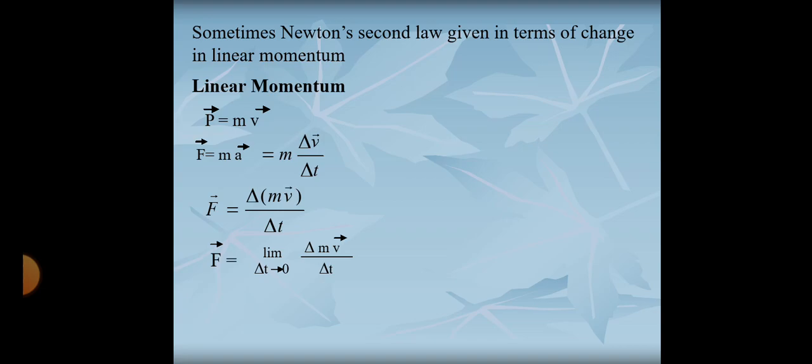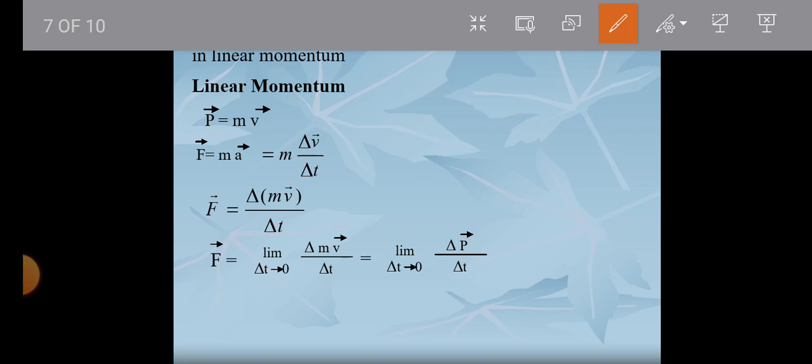Sometimes Newton's second law is given in terms of change in linear momentum. So what is momentum? Momentum P is equal to mass times velocity. Now, what is force? Force is equal to mass times acceleration.